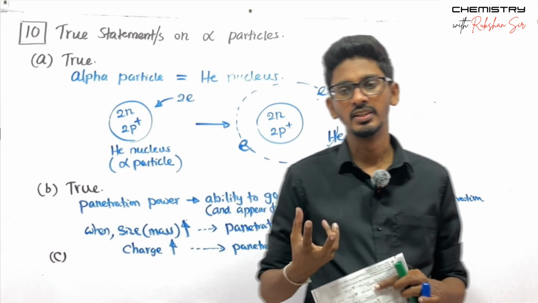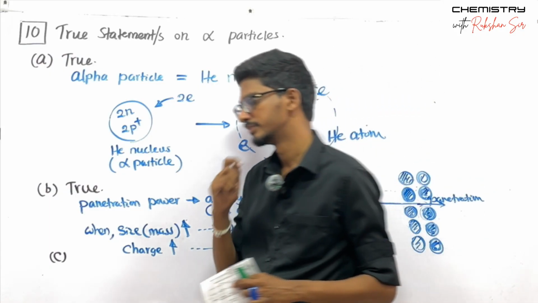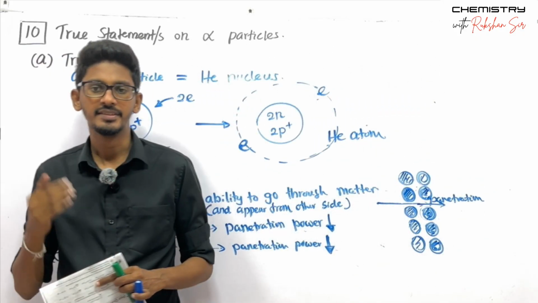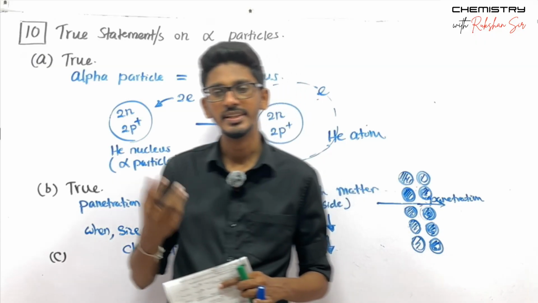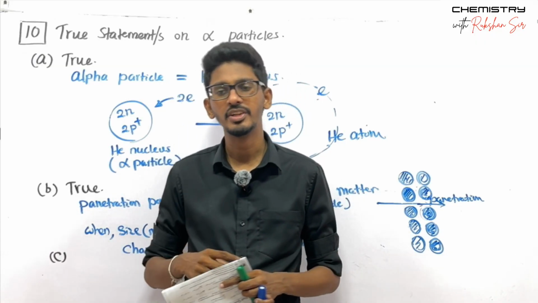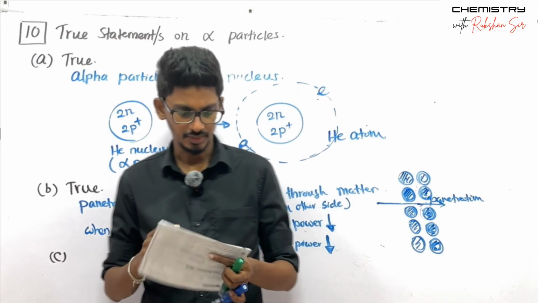When the charge is high, it is easy to ionize matter. It is easy for you to get rid of electrons from atoms. That is ionization.